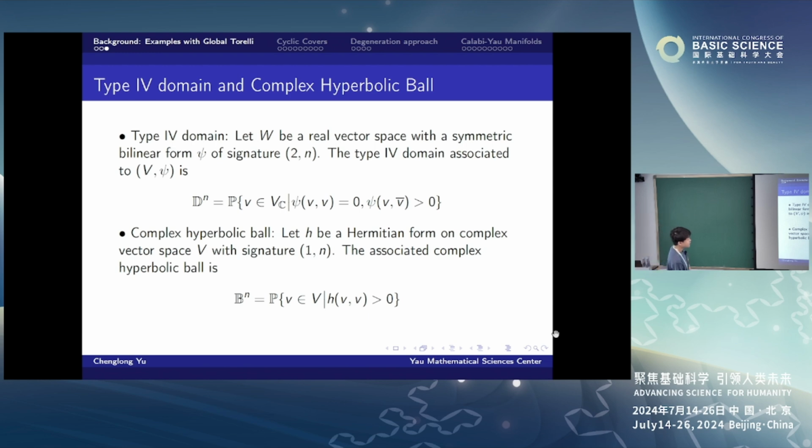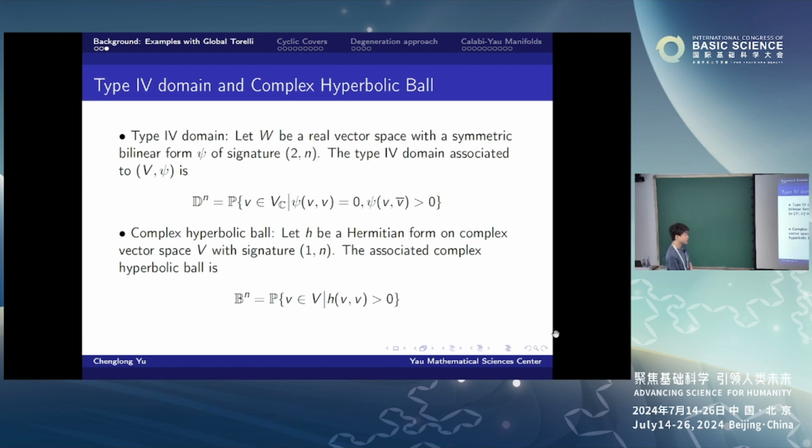We consider a real vector space W with a symmetric bilinear form psi of signature (2, m). And the type IV domain is a domain parametrizing the complex vectors v in the complexification of W, sorry for the typo. And it's isotropic, so psi(v, v) is equal to 0, and psi(v, v bar) is greater than 0.